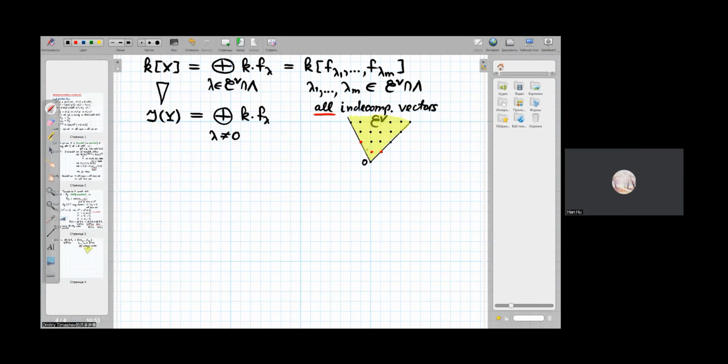So this ideal is a maximal ideal in this algebra, generated by all these functions f lambda 1, ..., f lambda m. It is a maximal ideal.